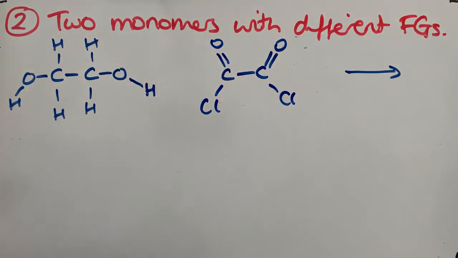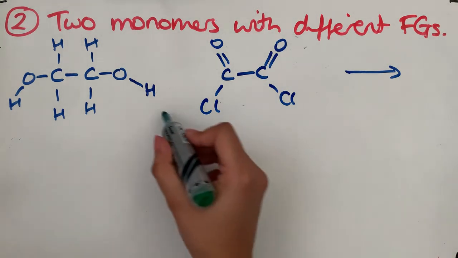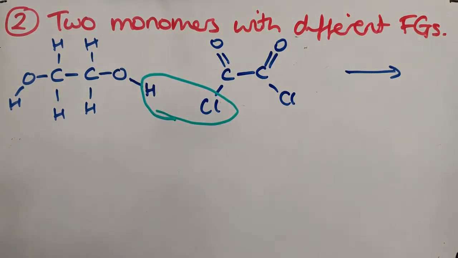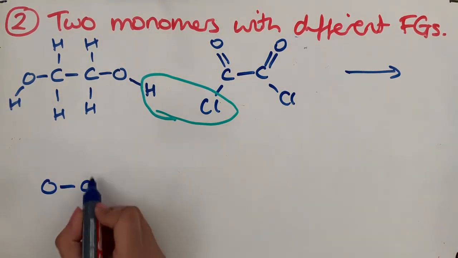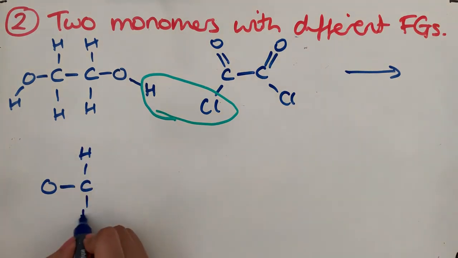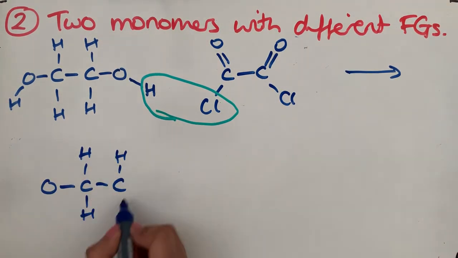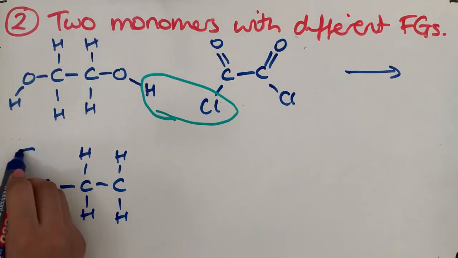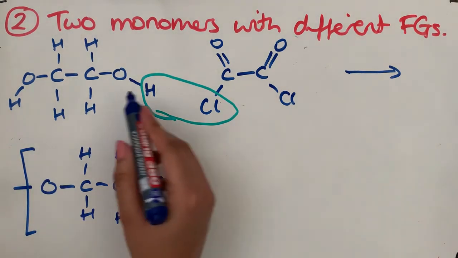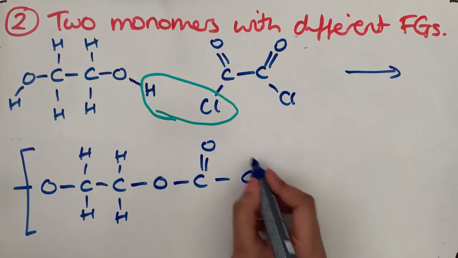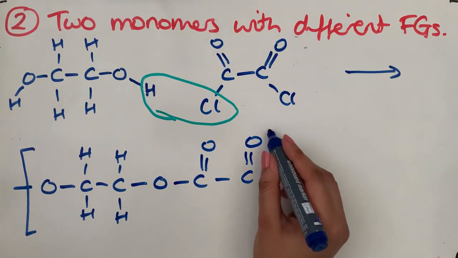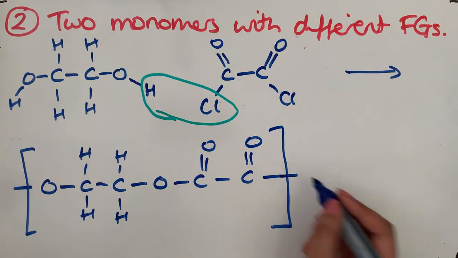Now rather than losing a water molecule, I actually would have lost HCl, hydrogen chloride. And when I draw out the repeat unit, I will actually make the exact same polymer. It still has an ester linkage in it, like so.